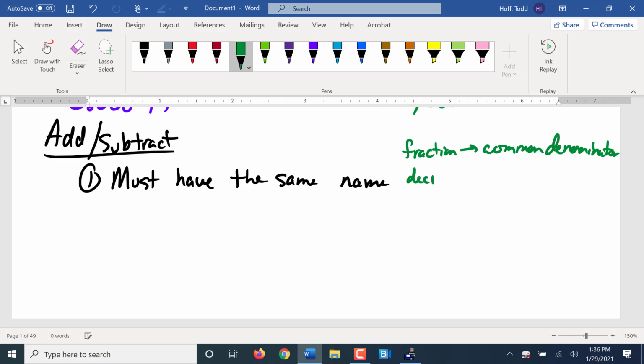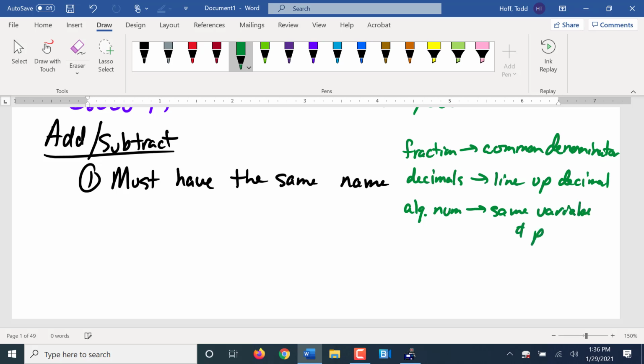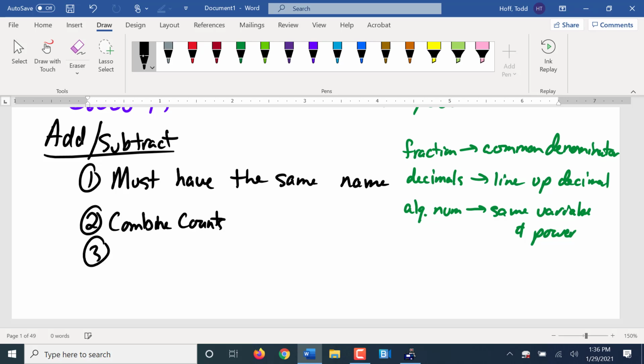With decimals, that was line up the decimal. With algebraic numbers, that was the same variable and power. Then, of course, we combine counts. And we keep the same name.